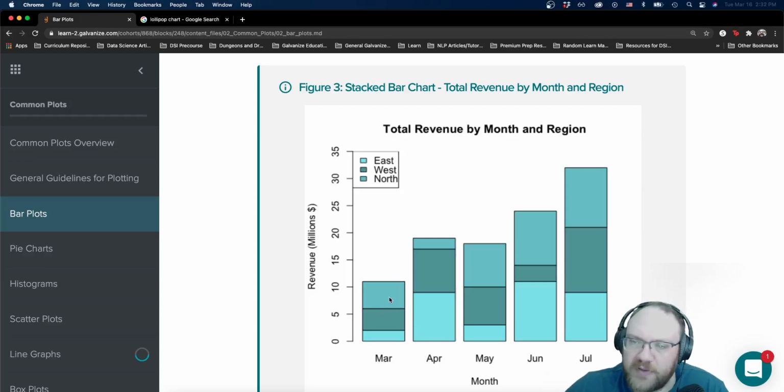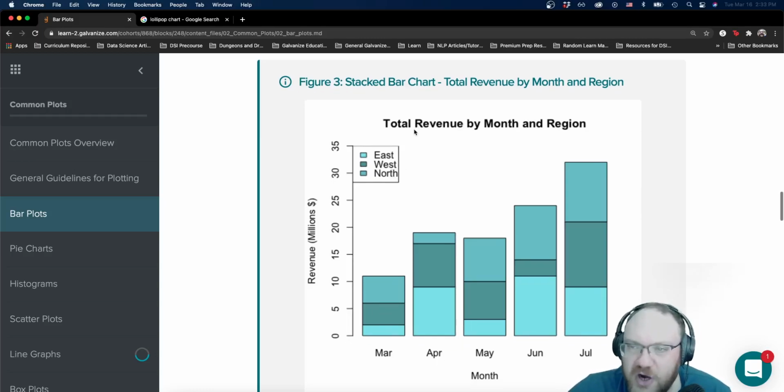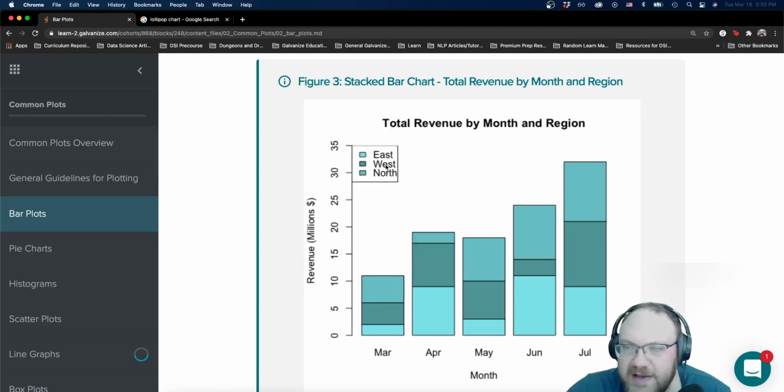And these stacked bar charts, so long as you only have maybe 2, 3, or 4 subgroups like east, west, and north here for our different regions of this imaginary company and their revenue, it's really readable. But if you imagine I had east, west, north, south, central, Canada, Europe, right?